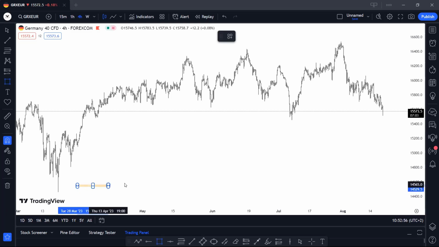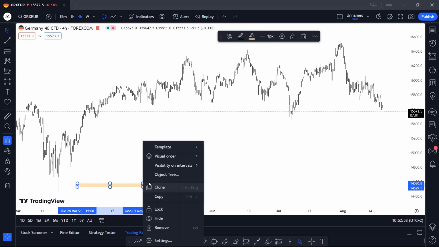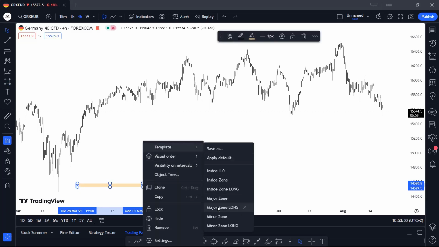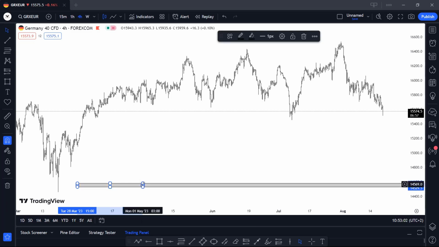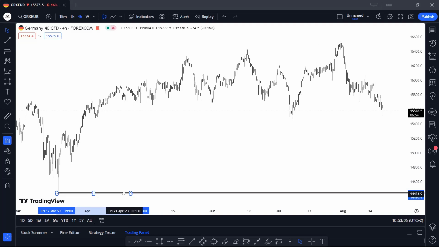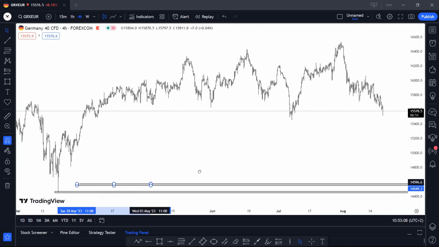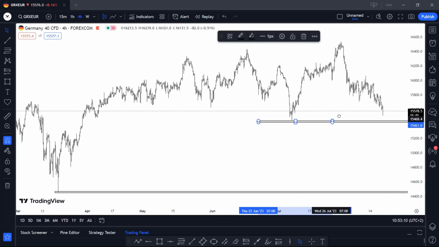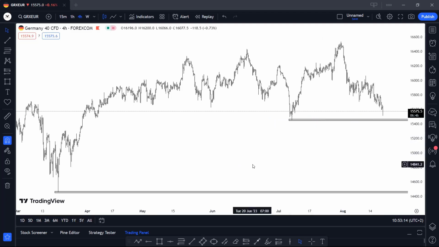Okay, so as always, start with my major ones. Make sure it's right there, and remember what I said, the most obvious ones. So the most obvious ones in this case would be from here.